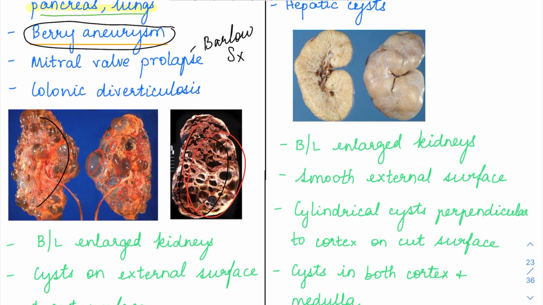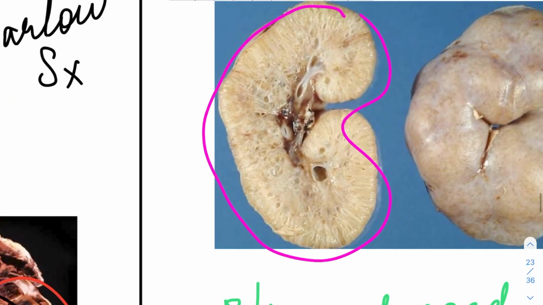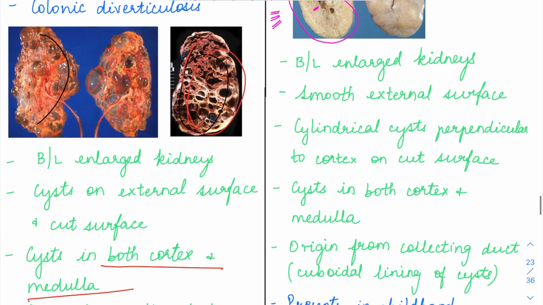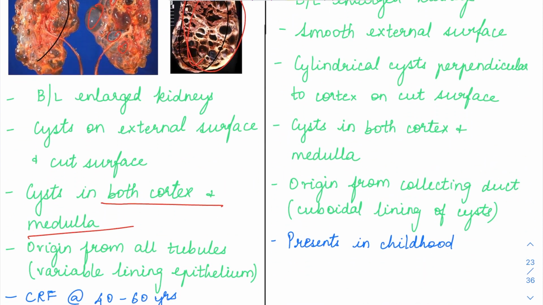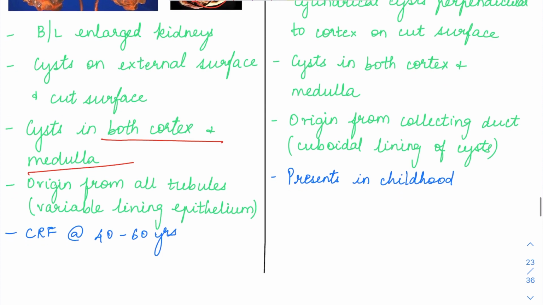Only on the cut surface can you see the cysts, and the cysts are usually cylindrical, arranged perpendicular to the cortex. So all of these are the cysts. The cysts can involve both the cortex and medulla as in ADPKD. But the origin of the cysts here will be from the collecting duct. While in ADPKD it was from all of the tubules, in ARPKD the origin is from the collecting ducts.